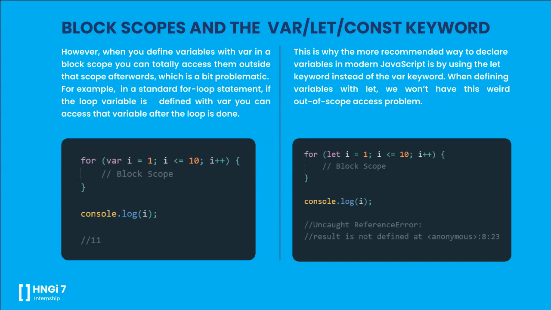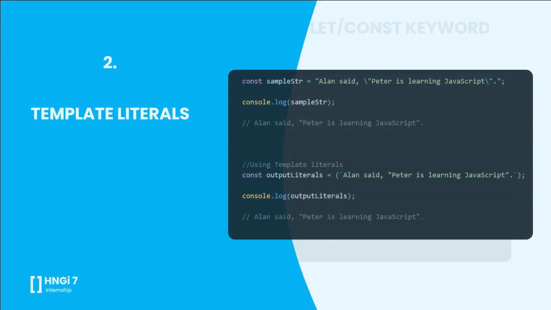So let's get to the second one, which is template literals. Previously in JavaScript, before template literals, let's look at this example: const sampleString is equal to Alan said. Notice that when we are assigning a string to a variable, we have to put quotation marks to mark the beginning and the end of our string.